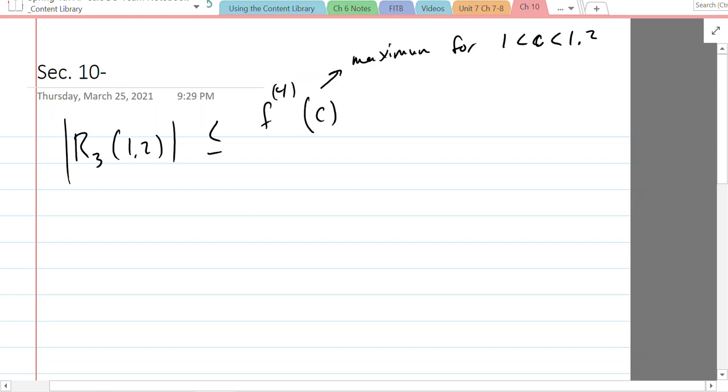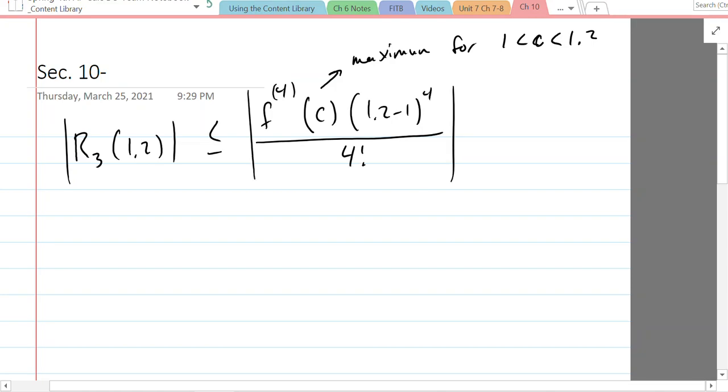But anyway, it's going to be times (1.2 minus 1) to the 4th power over 4 factorial. And we want the absolute value of this, because if we were looking at the interval from 0.8 to 1, it would end up being negative. In any case, you're going to take the absolute value of it.